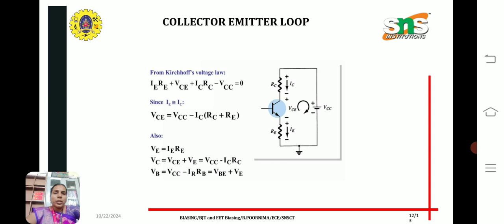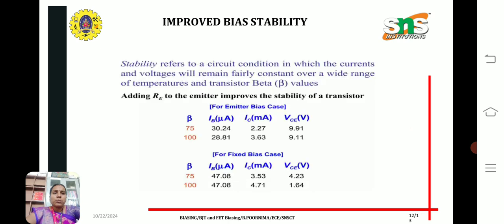Also the emitter voltage VE equals IE into RE, and the collector voltage equals VCE plus VE or VCC minus IC into RC. We can also obtain the base voltage VB as VCC minus IB into RB, or VBE plus VE.